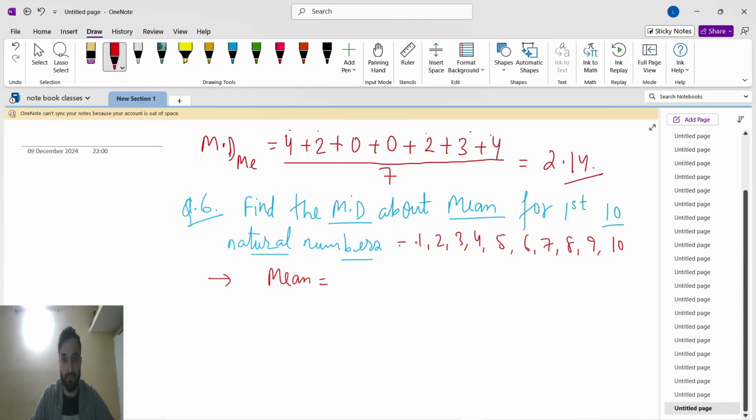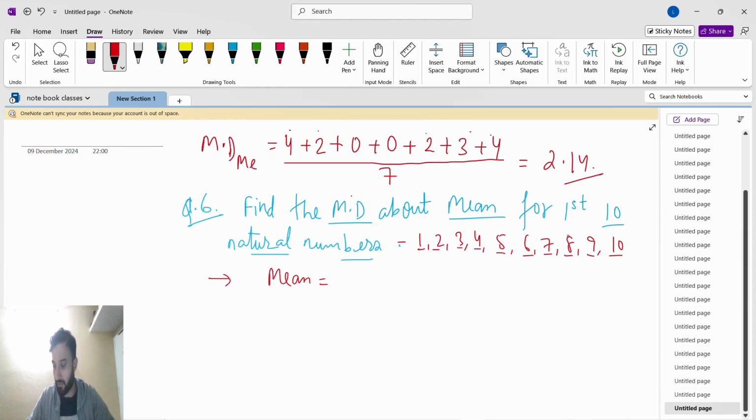So we have to add 1 plus 2 is 3, 3 plus 3 is 6, plus 4 is 10, plus 5 is 15, plus 6 is 21, plus 7 is 28, plus 8 is 36.